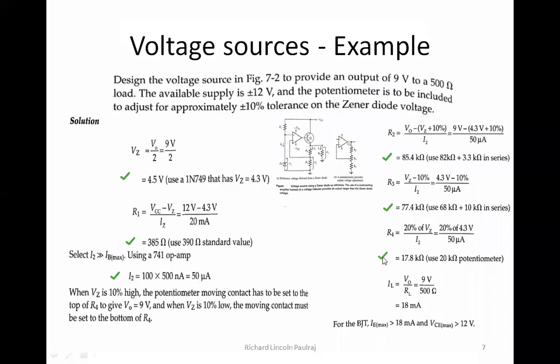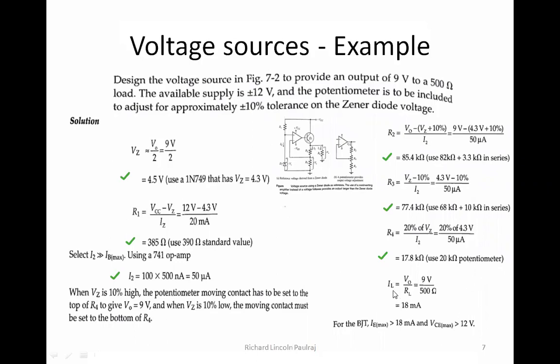So we should be getting about 17.8. So we will be using a 20 kilo ohm potentiometer. Remember, going from the top of R4 to the bottom of R4. So this plus or minus 10% is actually referring to about a 20 kilo ohm potentiometer. So you can have this resistance added or excluded with the help of the potentiometer.